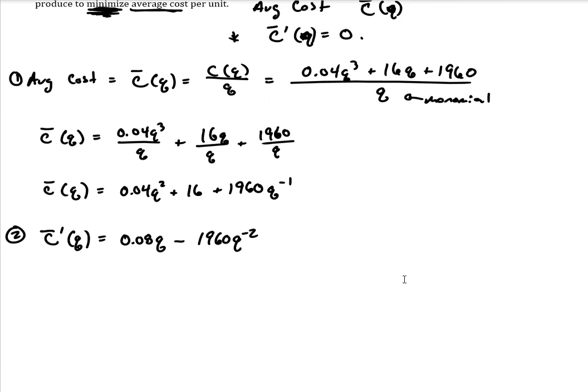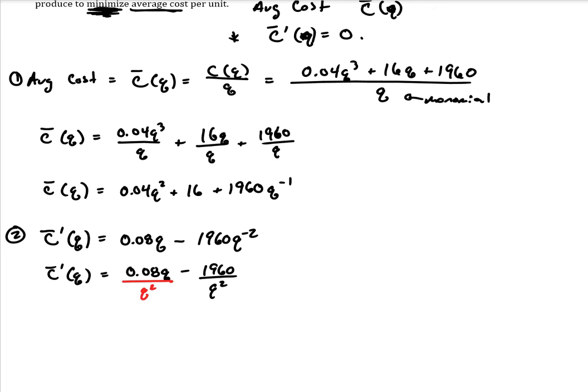All right, so now that I have the derivative, if I have a negative power in these scenarios, I usually don't like seeing it. So instead, I'm going to change it back into a positive power. So I have 0.08q minus 1,960 over q squared. And then I usually like getting a common denominator.